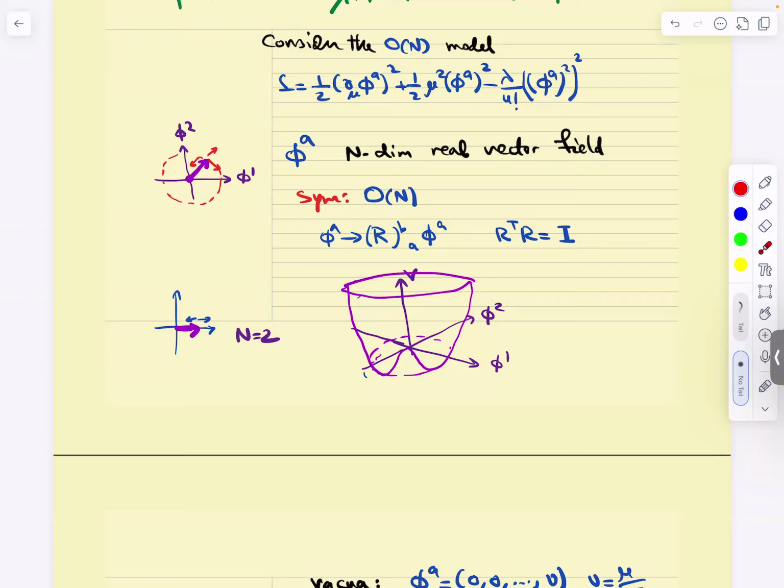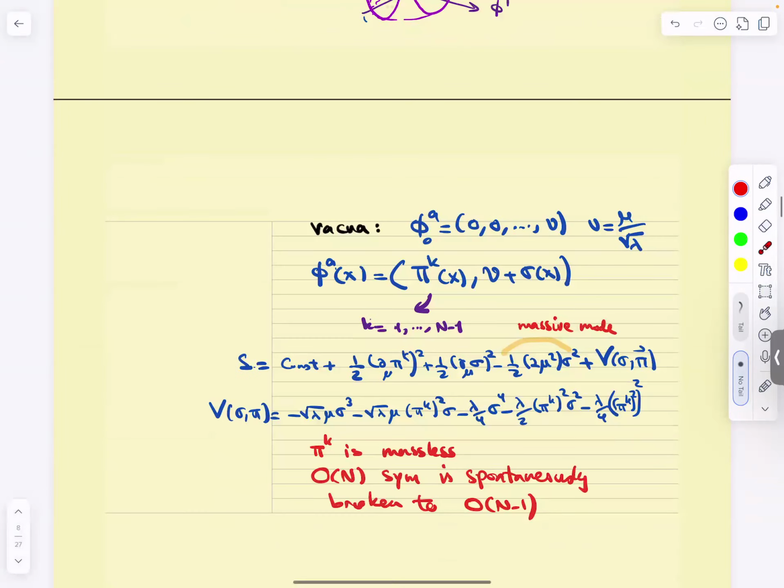There is one solution, which is φ equals 0, and then the zero of this is our solution. Good? No, it's φ⁴, so it will be 6. Okay. Right?